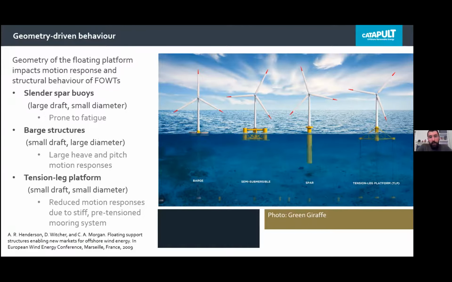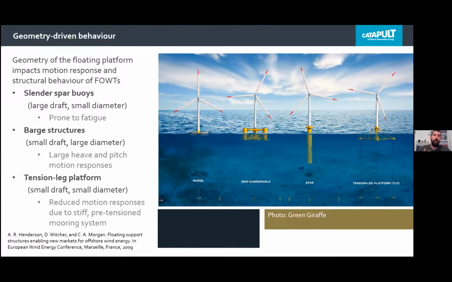Henderson also made a step further and looked at different geometries, starting from a slender spar buoy, so a large draft and a small diameter, which he observed was prone to fatigue, whereas a barge structure with a small draft and large diameter would be more prone to major motion responses to wind and waves.